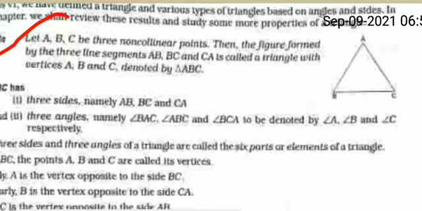Then triangle ABC has three sides, namely AB, BC and CA, and three angles. The names of these angles are angle BAC, angle ABC and angle BCA, denoted by angle A, angle B and angle C respectively.